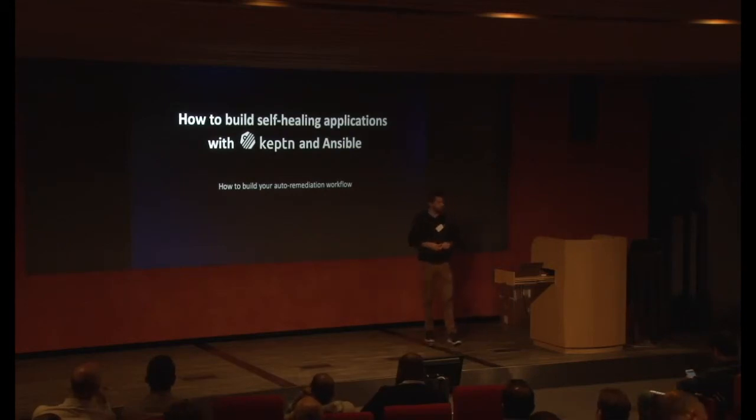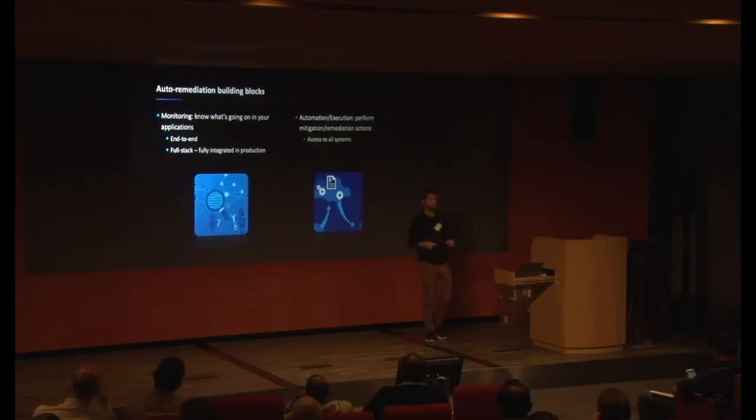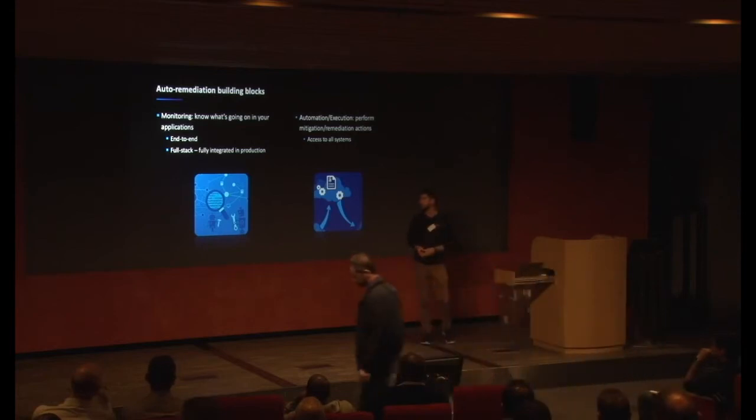But before, let me talk about what we think are the basic building blocks for you to build auto-remediation workflows or self-healing applications. And these are basically two parts. First, you have to have monitoring in place, which doesn't have to be Dynatrace. It could also be some other monitoring. We heard the Grafana dashboards before and some other underlying monitoring solution.